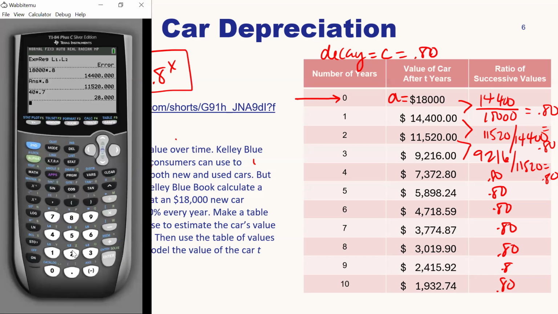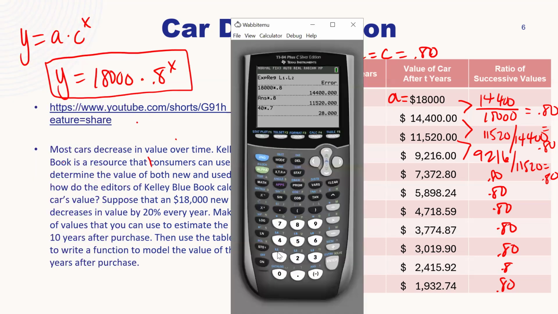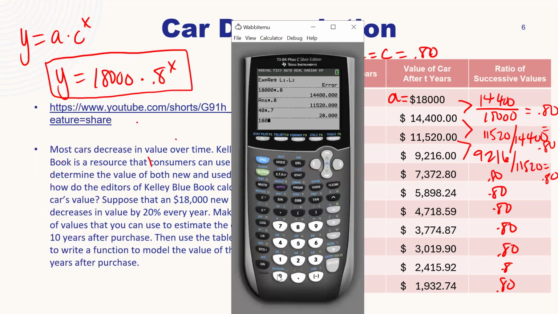I'm going to put in 18,000 times 0.8 to the 22nd power. So after 22 years of my good old car, it'll be worth $132.82 if I decide to sell it, if it's still working at that point.